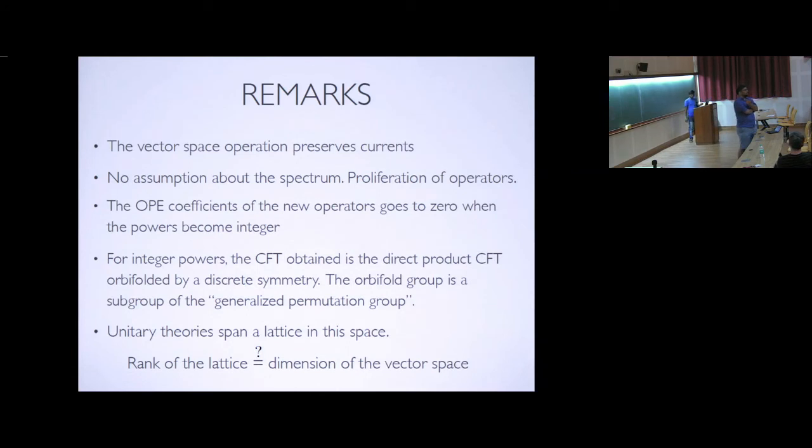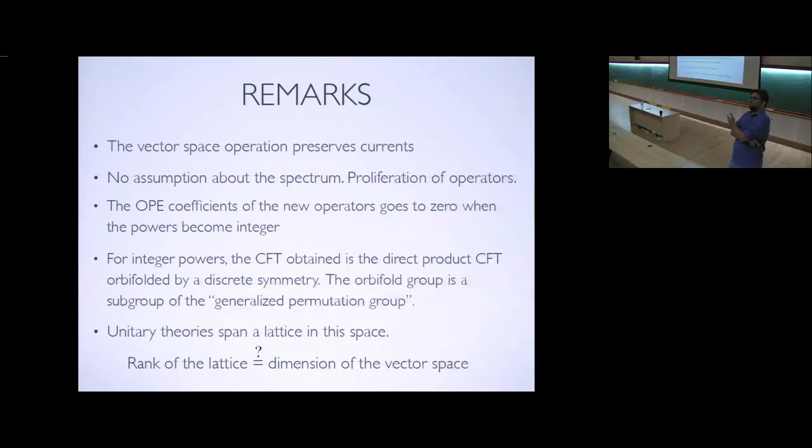For example, phi will get negative dimension, but the rest of the operator will still have positive dimension because you just expand it. If you take very large negative powers, then there'll be a large number of operators. Take a free scalar field to the power minus 1000.